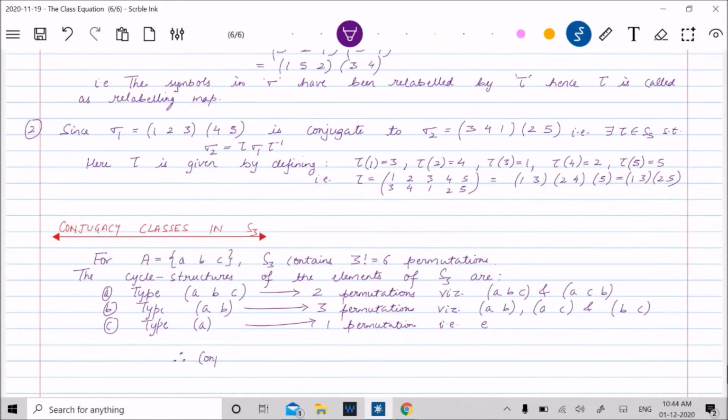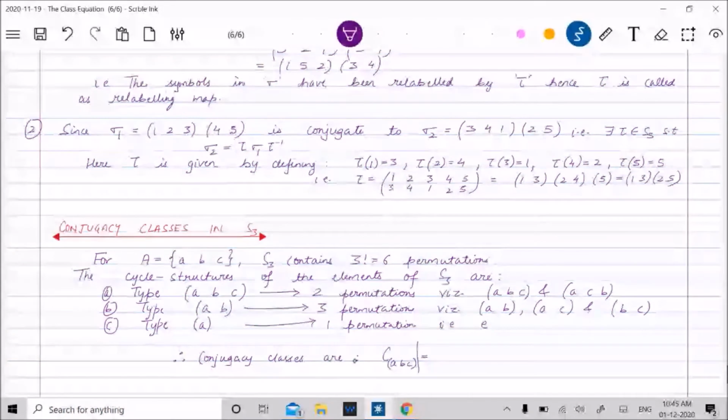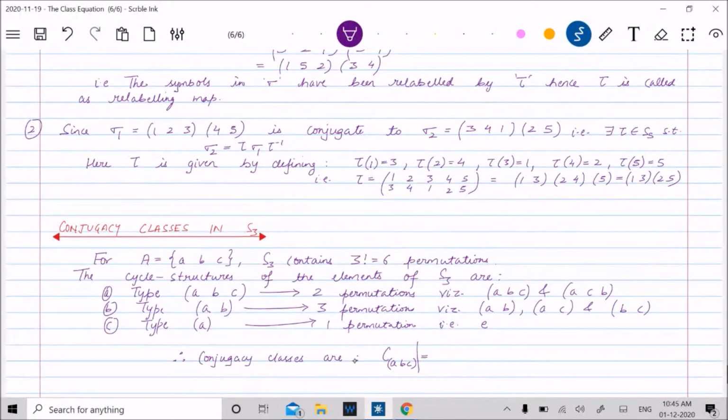Therefore, look carefully at the conjugacy classes. The first one, those whose elements are of this type, will form a conjugacy class. Its order is 2, right? The conjugacy classes of the permutations of the type this are actually 3 in number, right or wrong?